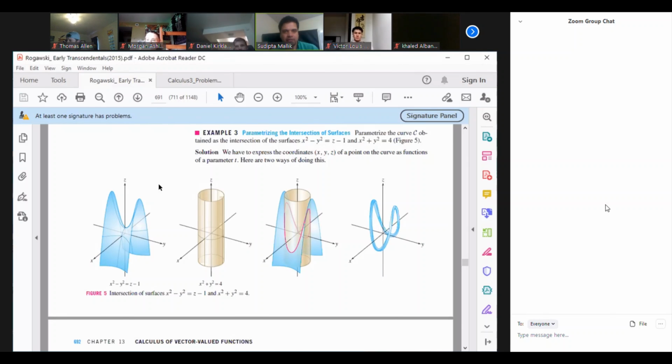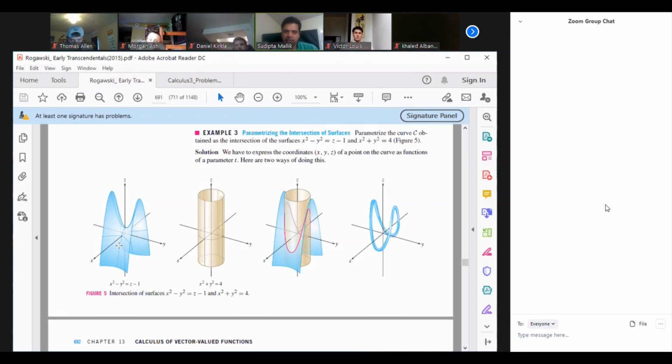What is this called? Hyperboloid, right? No, it's a paraboloid, sorry. And this is your cylinder.